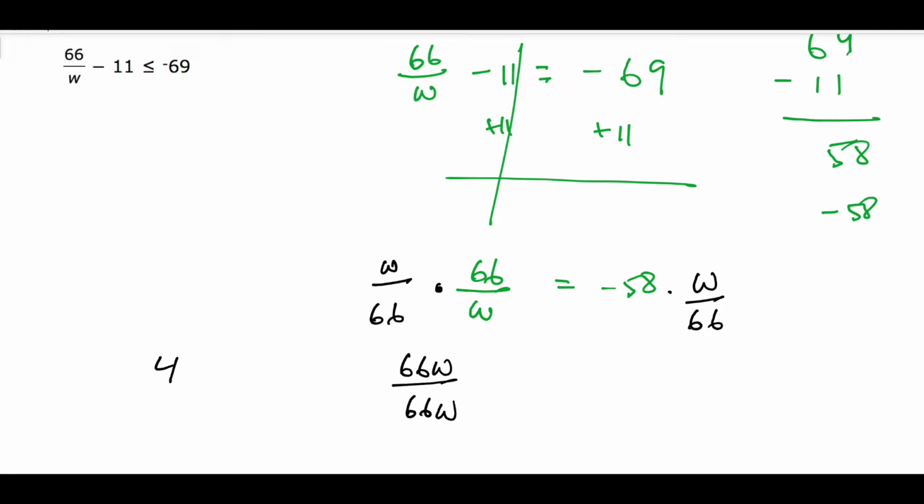So what you're really doing when you're cross canceling, let's say you have 3 over 2 times 24 over 12. You're really saying, all right, well, 3 goes into itself how many times?